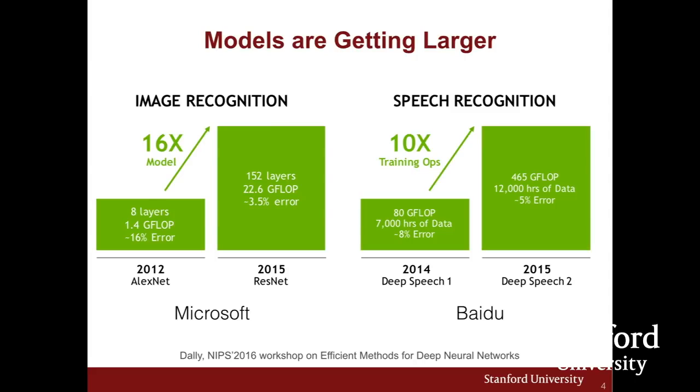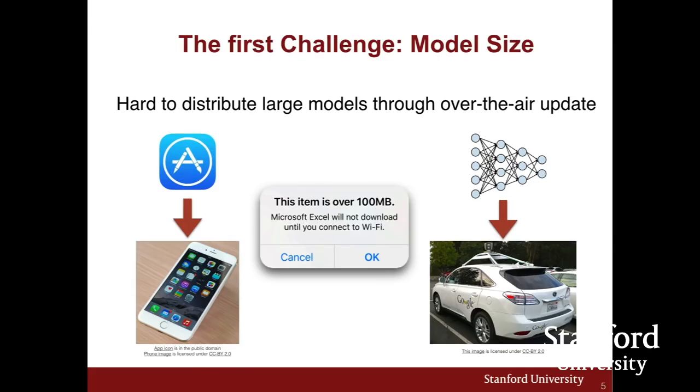For example, for ImageNet recognition, from the 2012 winner to the 2015 winner, the model size increased by 16x. And for Baidu's Deep Speech, in just 1 year, the number of training operations increased by 10x.